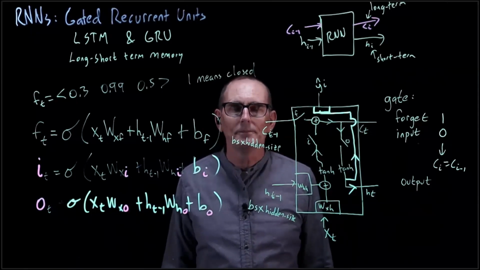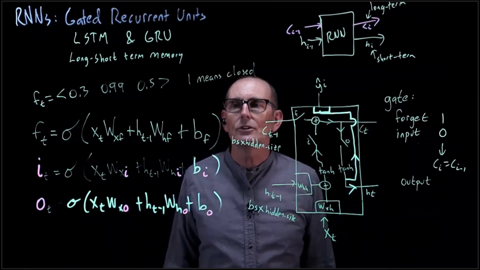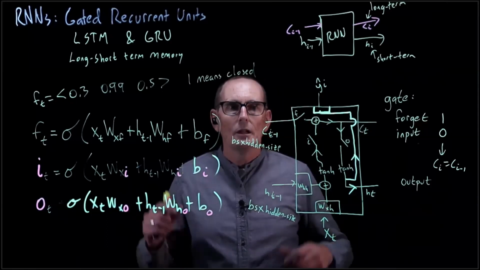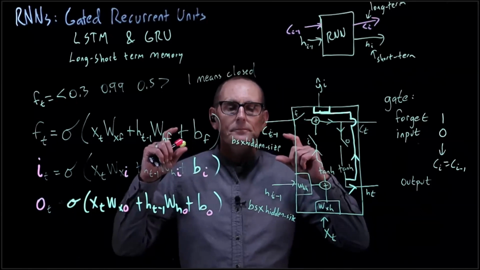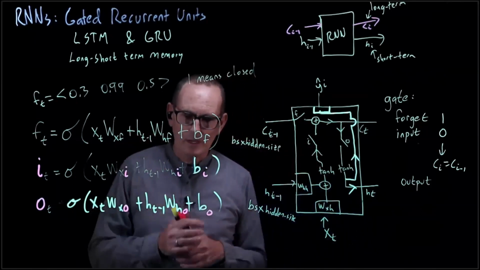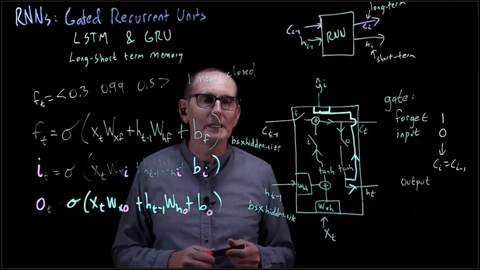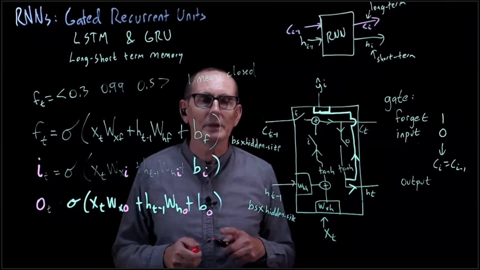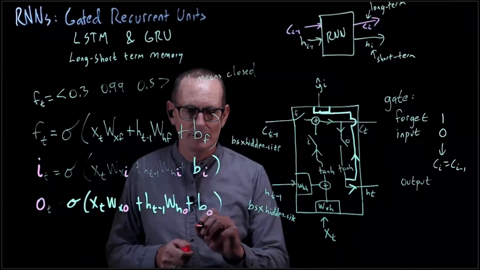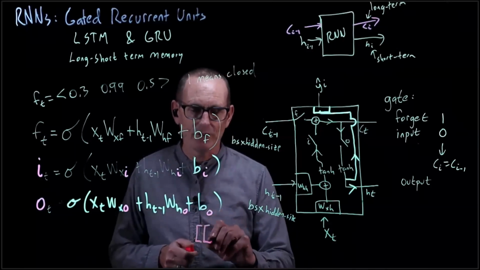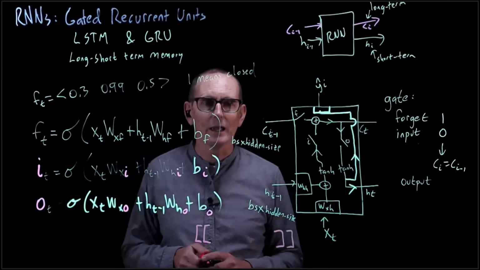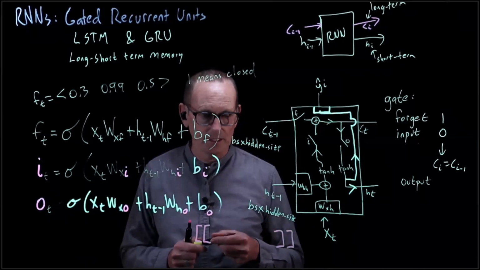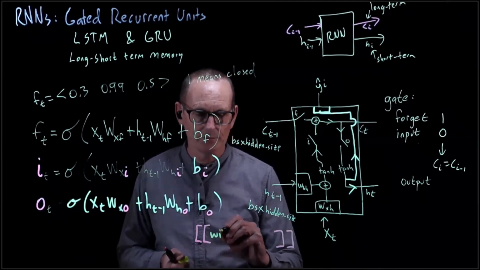For example, let's look at Wikipedia. So Wikipedia has its references inside double square brackets. Okay, so this is some Wikipedia reference.